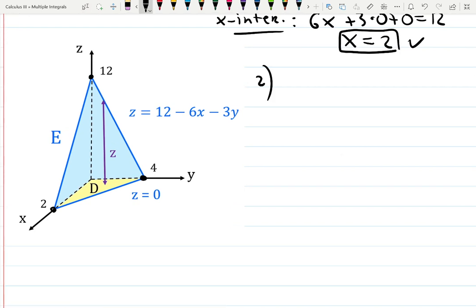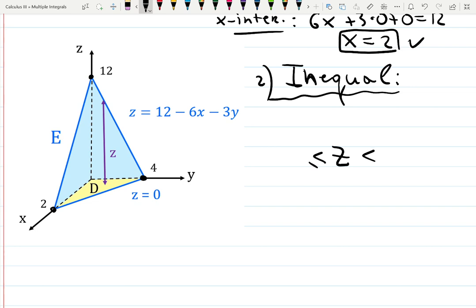So step 2, now when we have a picture, we need to build inequalities to figure out limits of integration. The thing is, we did it before in 2D, now it will be just one extra step. In general, we used to have y between small and big. Now z will be between a small function and a big function.